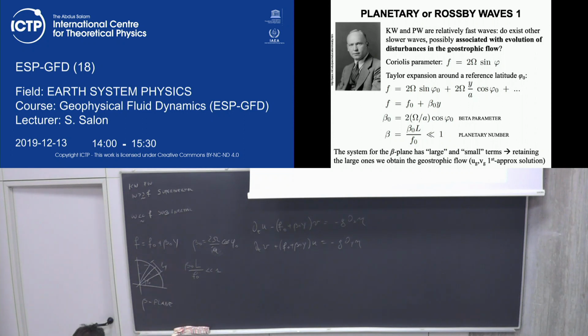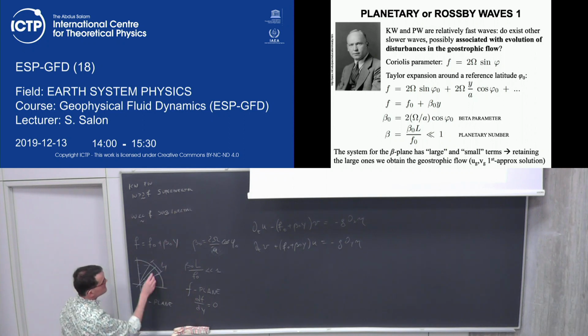What's the difference between the f-plane and the beta plane? So, what's happening in the f-plane? You remember, when you did the f-plane, we said that df over dy is equal to 0. So if df over dy is equal to 0, it means that this term does not exist.